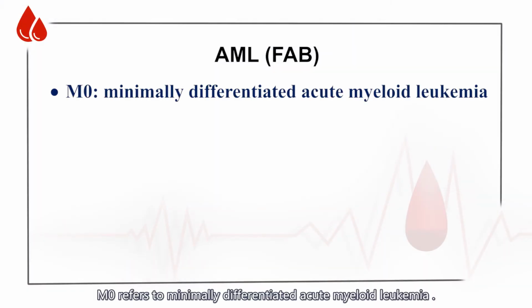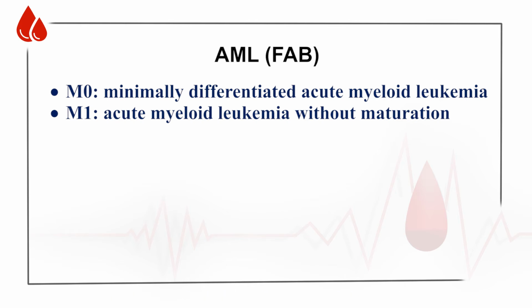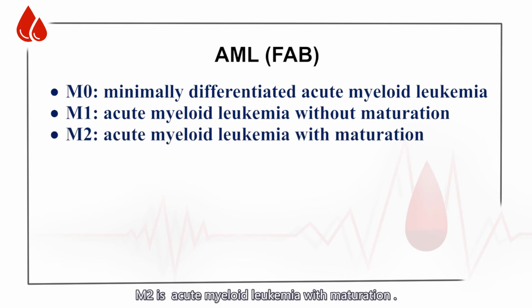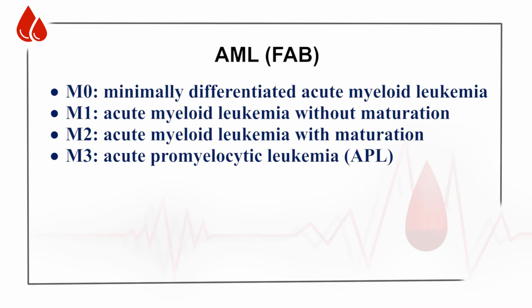M0 refers to minimally differentiated acute myeloid leukemia. M1 means acute myeloid leukemia without maturation. M2 is acute myeloid leukemia with maturation. M3, called acute promyelocytic leukemia, is a special AML as it has distinct manifestation and prognosis from other types of AML.